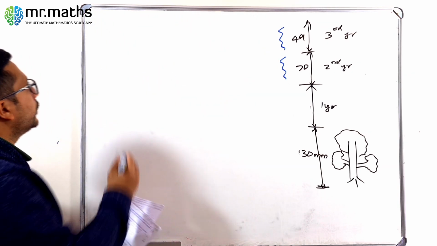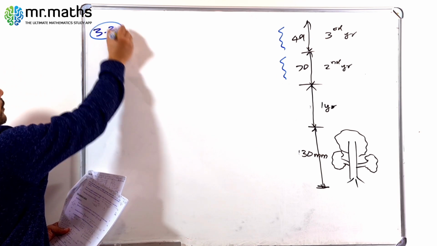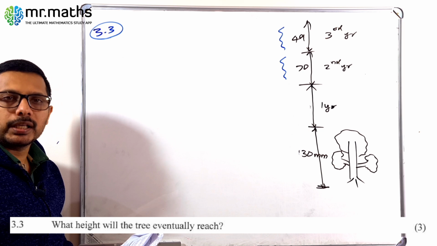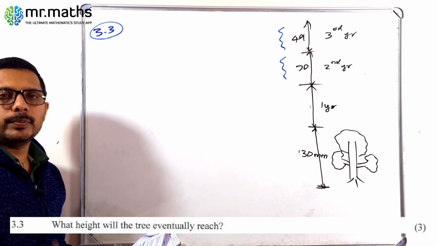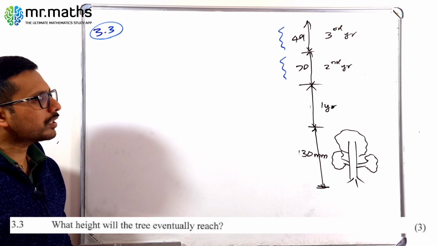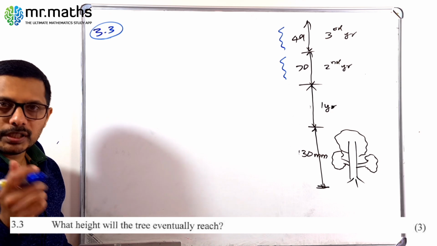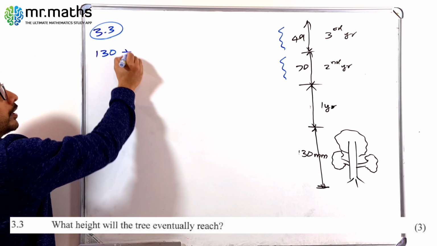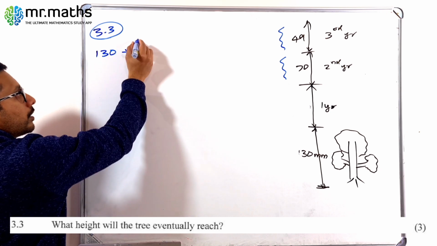Question number 3.3. What is that question? What height will the tree eventually reach? What is the meaning of that? When he bought that tree, it was 130 millimeters, and that's a permanent one.